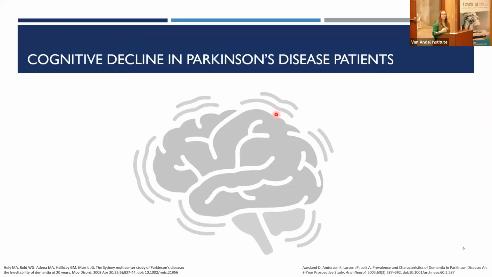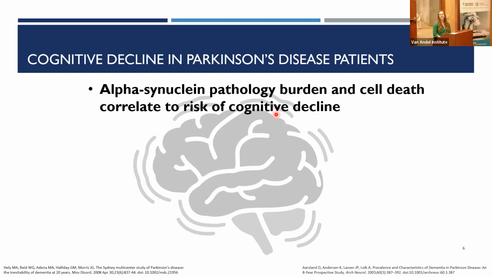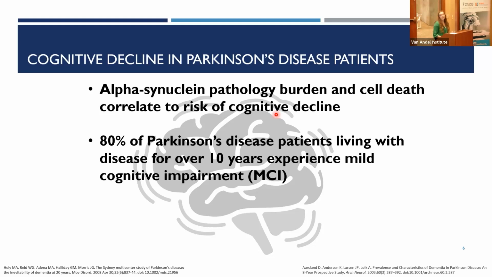And when we're discussing cognitive decline in Parkinson's disease, it's really important to understand a few key components of it. And first, that's alpha-synuclein pathology, so that aggregated protein. The burden of that and cell death correlate to the risk of cognitive decline. There's also been studies that show up to 80% of Parkinson's disease patients that have been living with disease for over 10 years do experience mild cognitive impairment, and this just increases as time continues on as well.